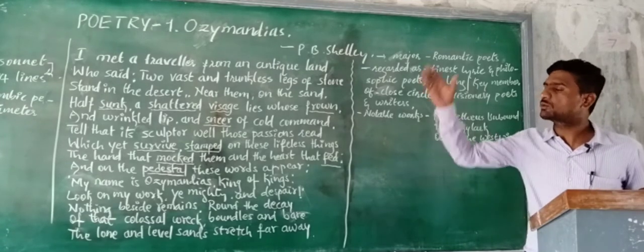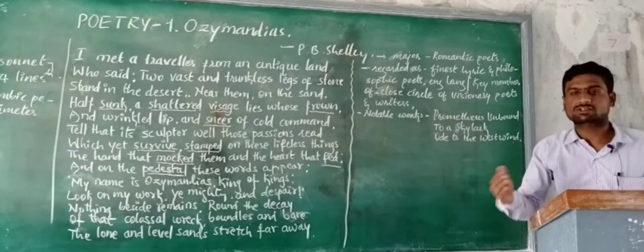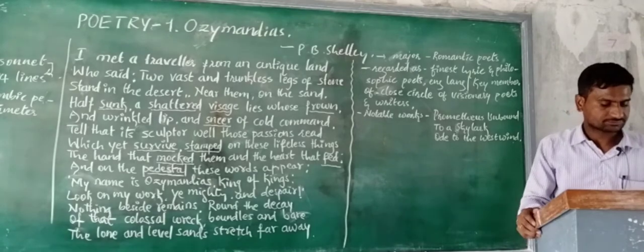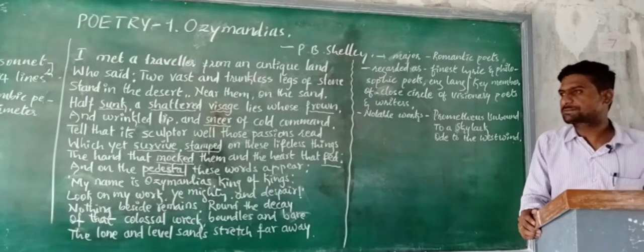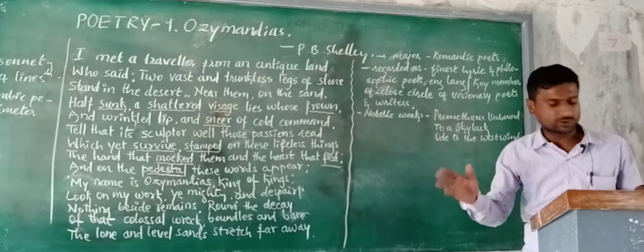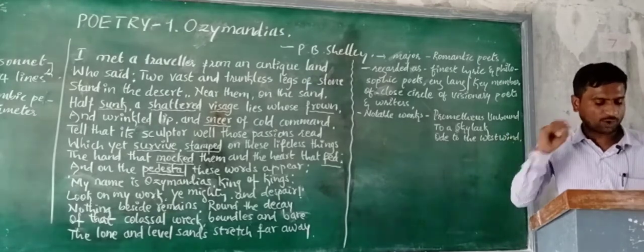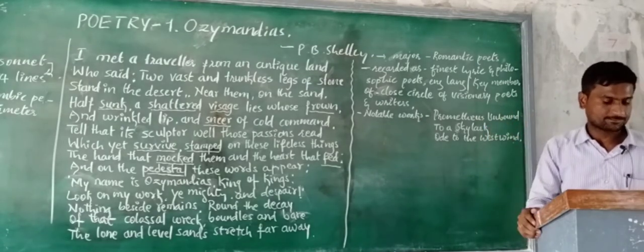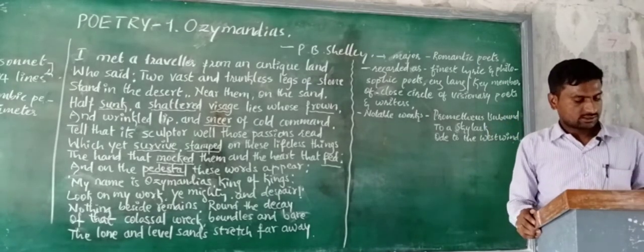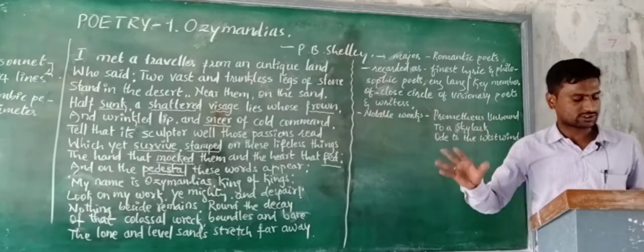That means the king, once he was powerful, but right now he is no more, and his power and his reputation, all these things are broken into pieces and will crumble soon to the dust.